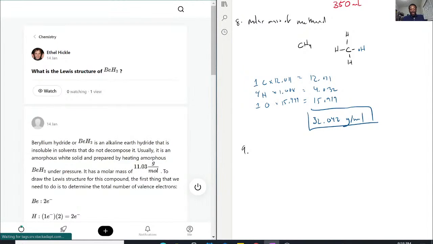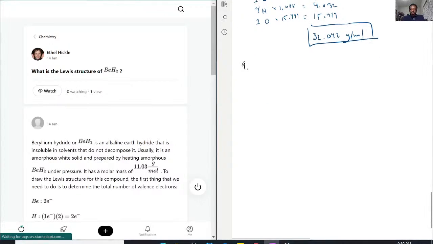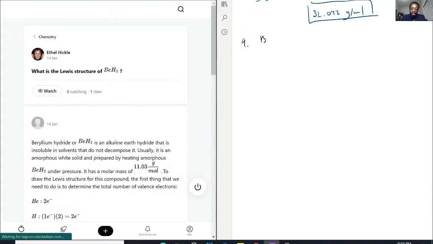We have, what is the Lewis structure of BeH2, okay? So for this one, for those that were able to see it, this is very similar to how we did the BeCl2, okay? But let's go ahead and draw this out. BeH2 Lewis.